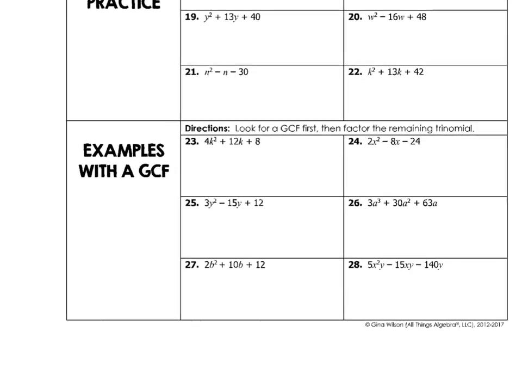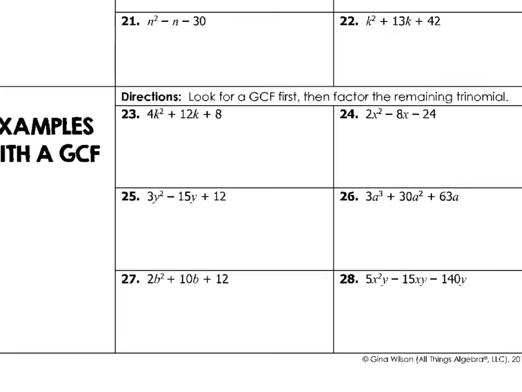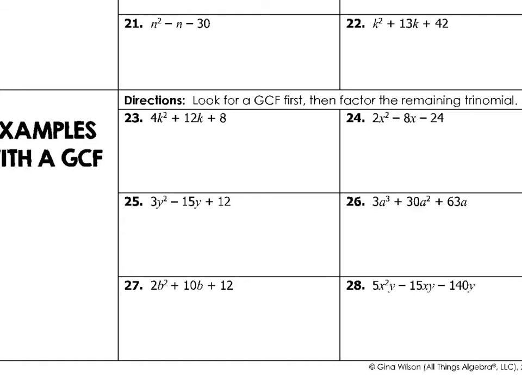But let's look at one. You know how I said GCF? You always look to see if you have a GCF, right? They were nice enough in the ones that we've been doing that there wasn't a greatest common factor. But in real life, most of the time there is one. So, as I said, whenever you're doing any type of factoring, you always look to pull out a GCF.